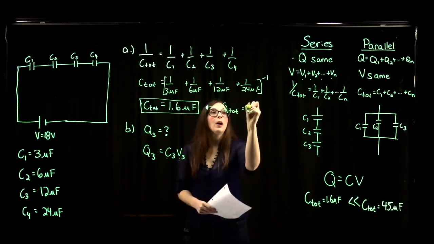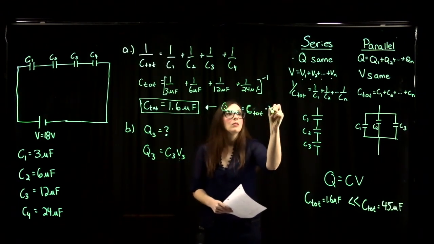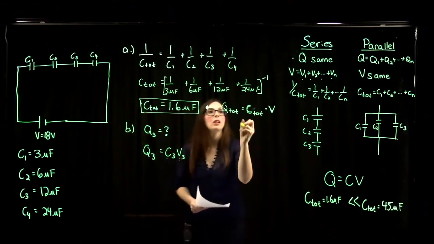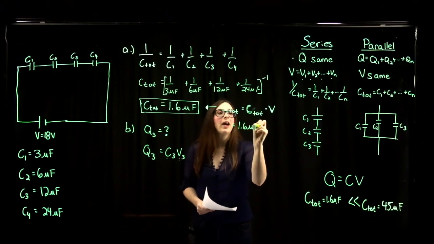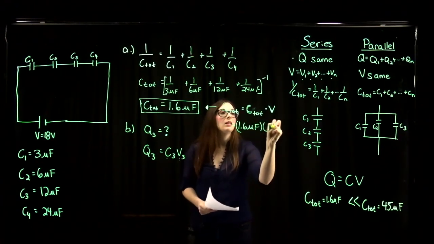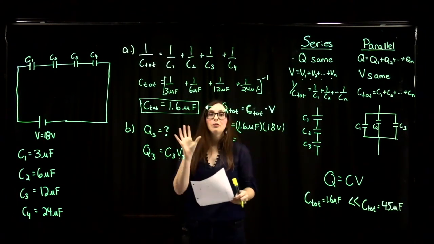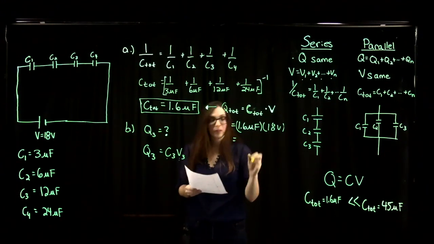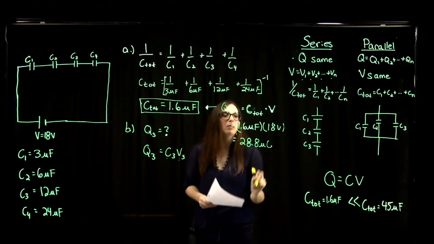Q total is equal to our total capacitance times the potential. So our entire circuit is being supplied with 18 volts of potential. My total capacitance was 1.6 microfarad times 18 volts. And that gives me a charge for the equivalent capacitor of 28.8 microcoulomb.